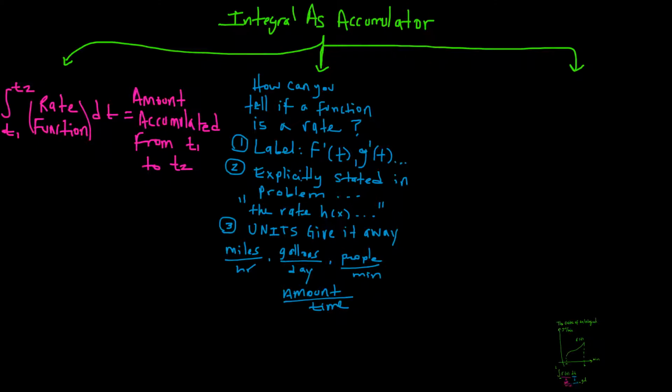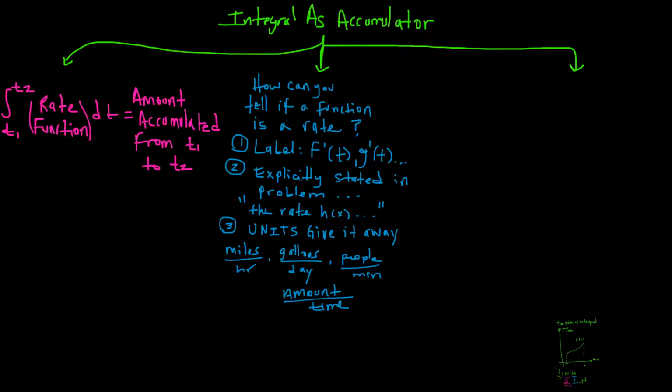So you could have functions that are miles per hour or gallons per day, that would be a rate. People per minute, say like people entering a concert, people per minute. In general, when you have an amount divided by time, that's what makes it a rate.